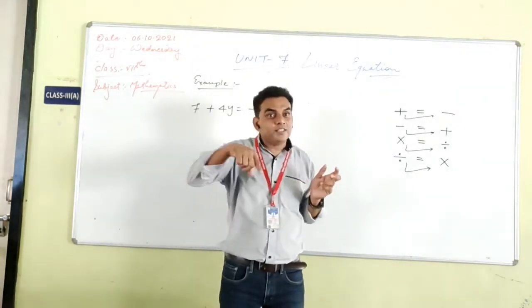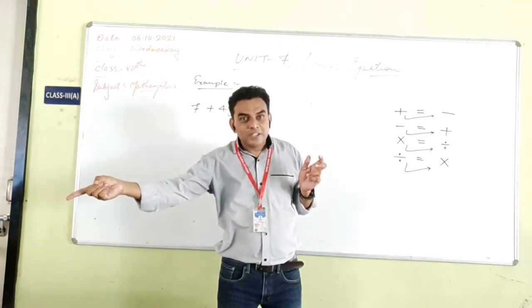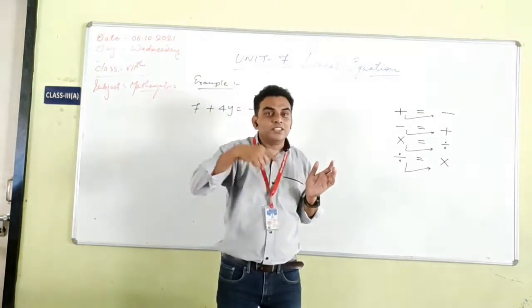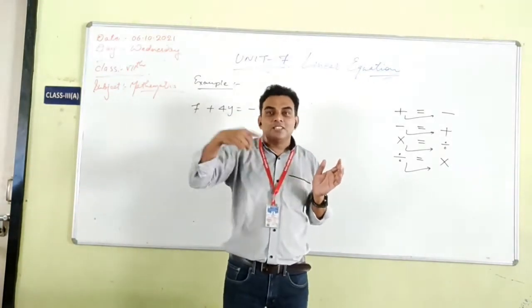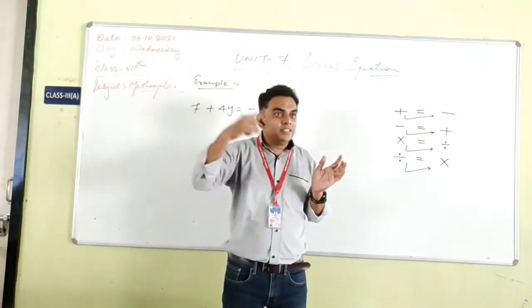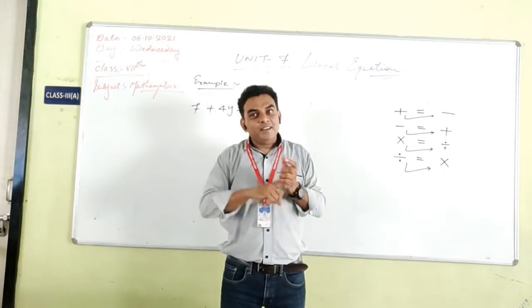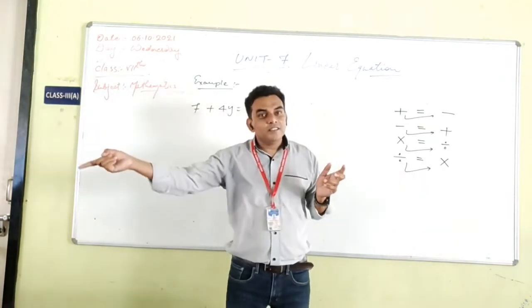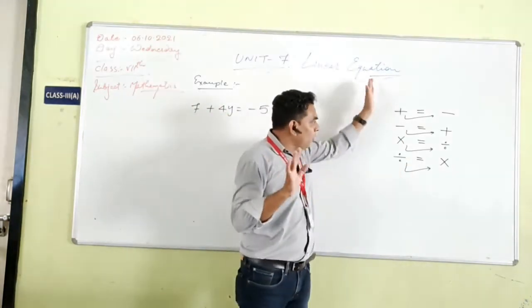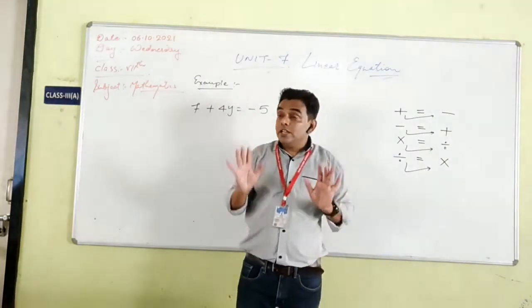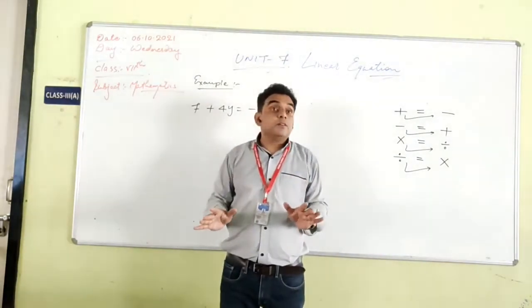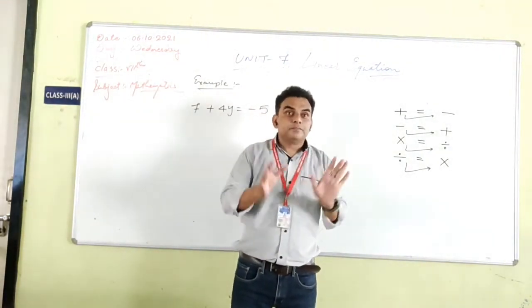Whenever division, it becomes multiplication. Whenever minus, it is plus. Whenever plus, it is minus. Multiplication becomes divide, and division becomes multiply. That's it. If you know this concept, I'm telling you that you will complete 50% of that sum.